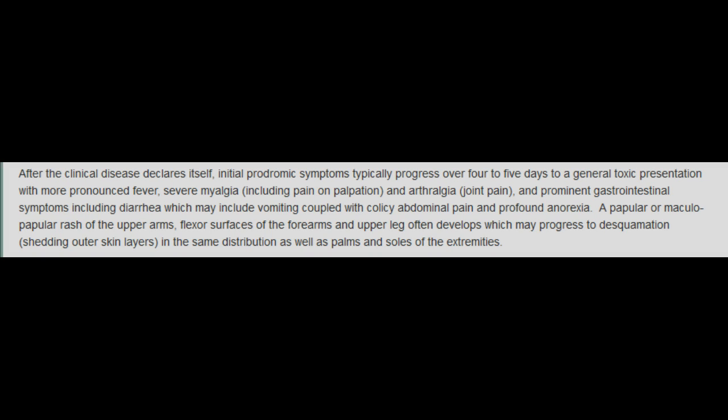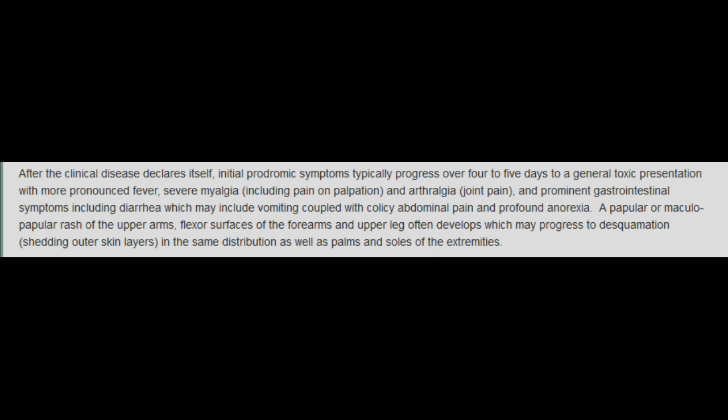After the clinical disease declares itself, initial prodromic symptoms typically progress over 4 to 5 days to a general toxic presentation with more pronounced fever, severe myalgia, including pain on palpitation, which is your heart, and joint pain. Prominent gastrointestinal symptoms include diarrhea, which may include vomiting, coupled with colicky abdominal pain and profound anorexia.